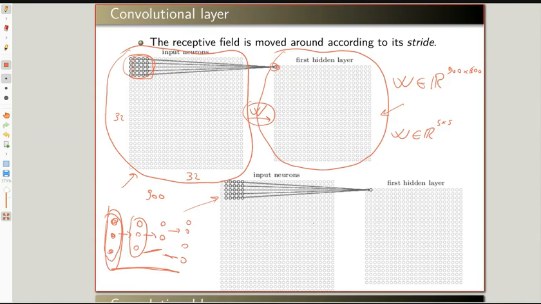Okay, and now your question is how I go forward, right? The next layer. Yeah. Okay, this is still a rectangular shape, so you can do the same.